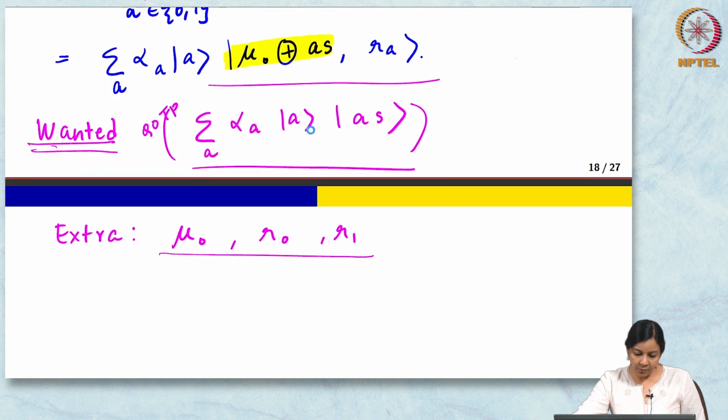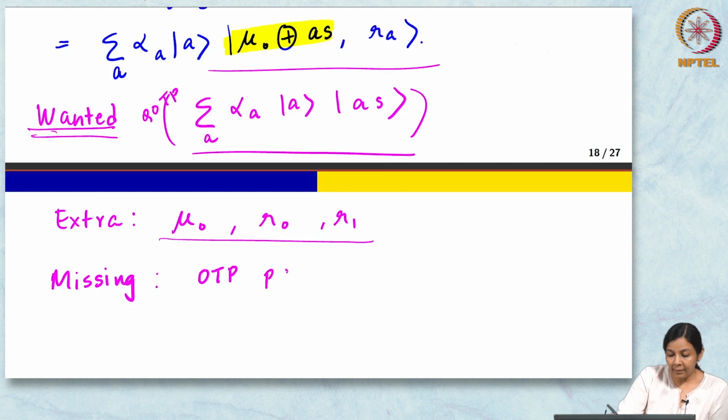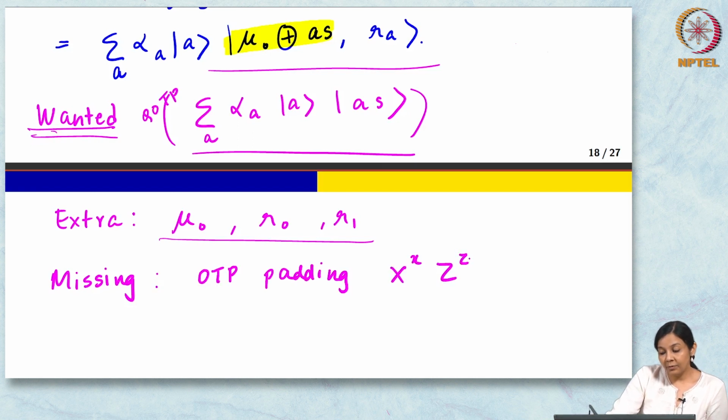So, extra is mu 0, R 0 and R 1, and missing is the OTP padding, right. So, the x to the x and the z to the z, and my claim is that this actually can be converted to this.